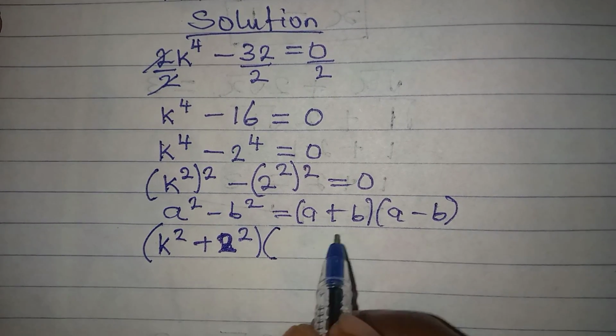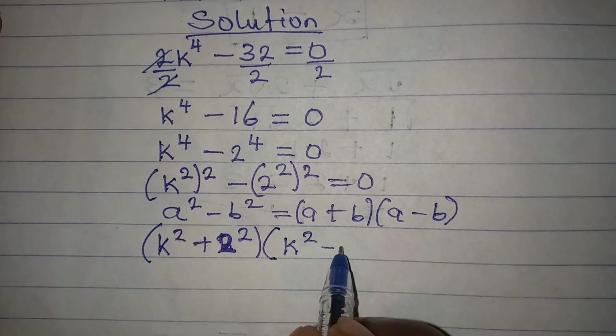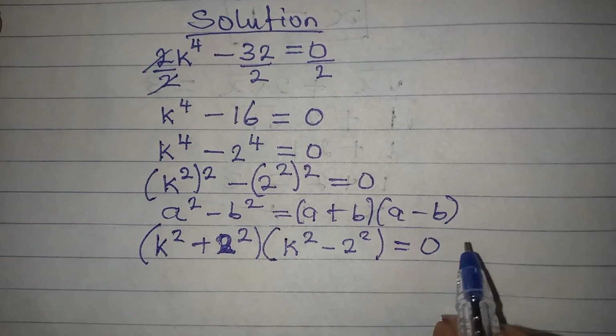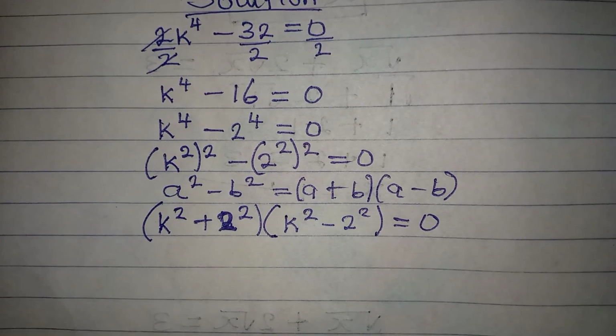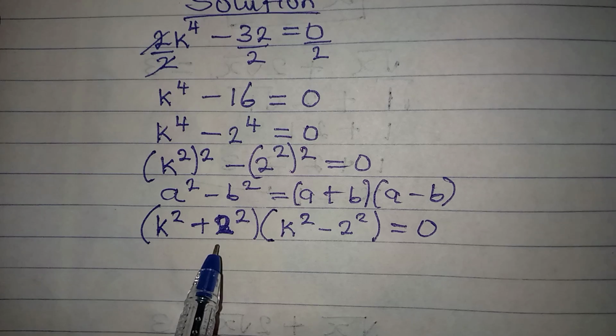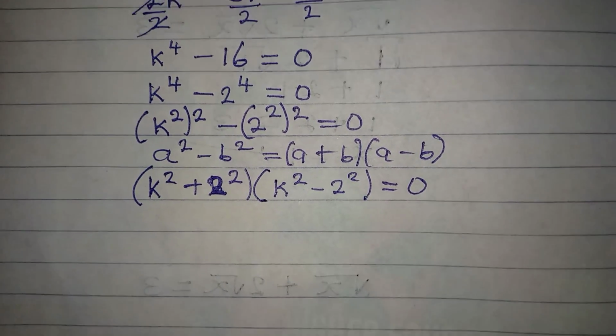And in the second bracket, a minus b becomes k squared minus 2 squared, and the whole of this is equal to 0. Now, let me remind you again that we are going to solve this completely, meaning that we are going to bring out the 4 different solutions.